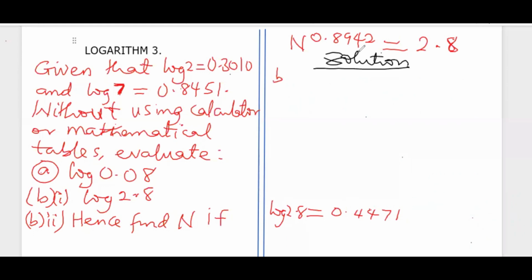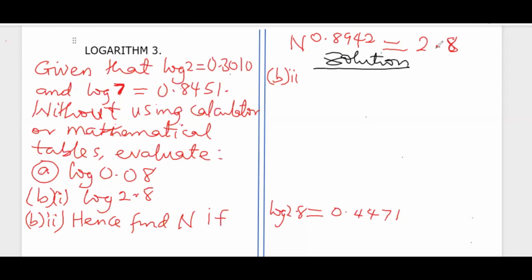Okay, BII. We are to evaluate this equation. But since they say hence, we don't need to recalculate this. We can use the value we got for this.